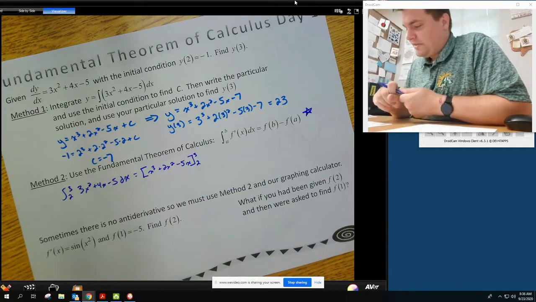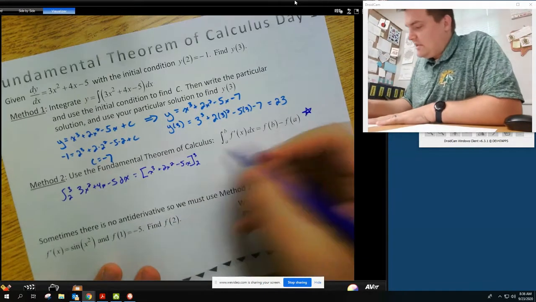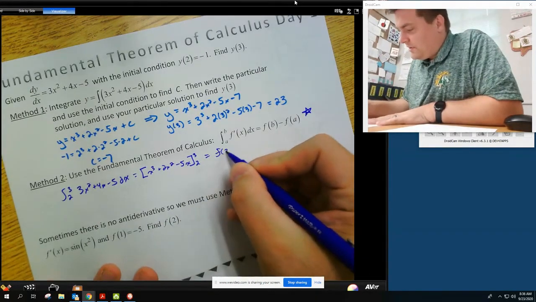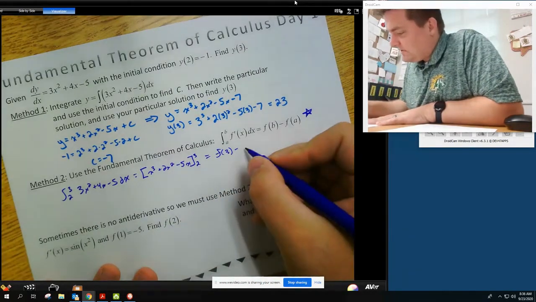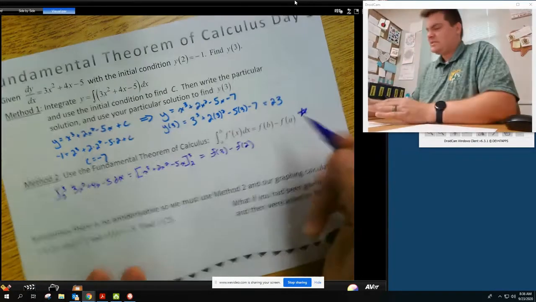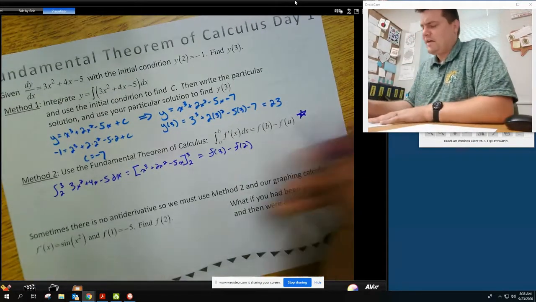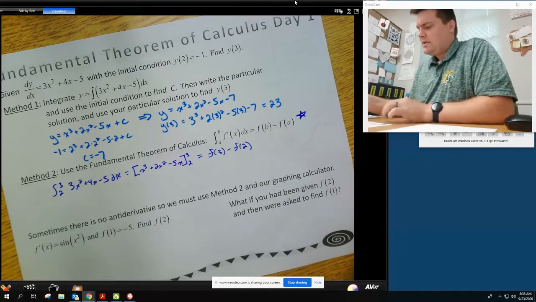What's nice to know about this is that this is equal to f of 3 minus f of 2. In this case, we'll use f's instead of y's, it doesn't really matter.